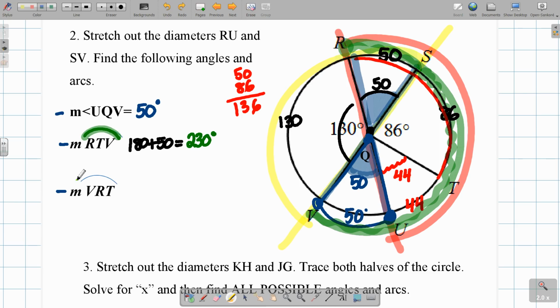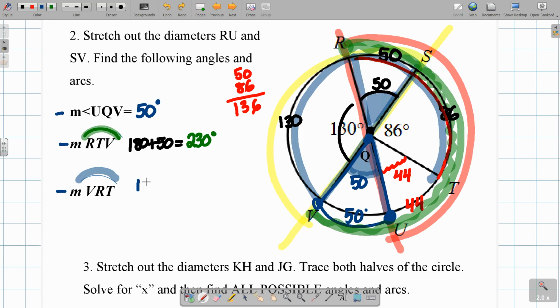Let's follow this order. So VRT. So V, go through R all the way to T. Notice what we're going to add up here to get that.